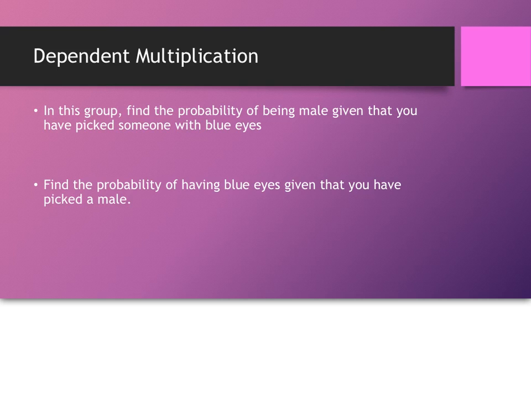All right, so first question says, find the probability of being male given that you've picked somebody with blue eyes. So our rule says put the probability of having blue eyes on the bottom. If you remember from the last slide, that'll be 0.32.